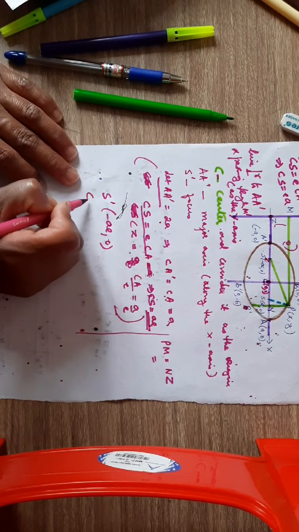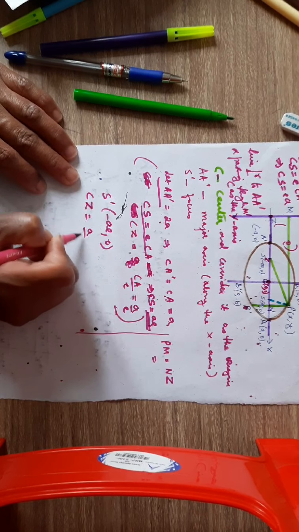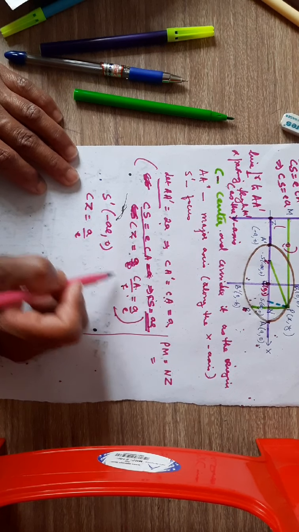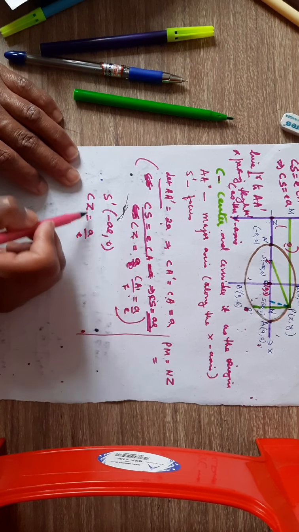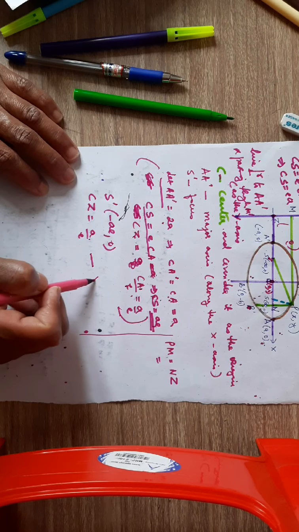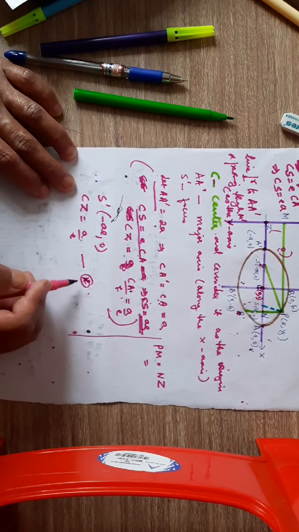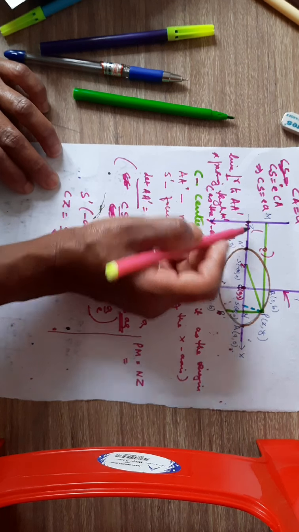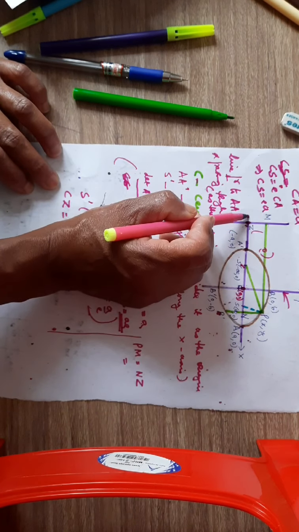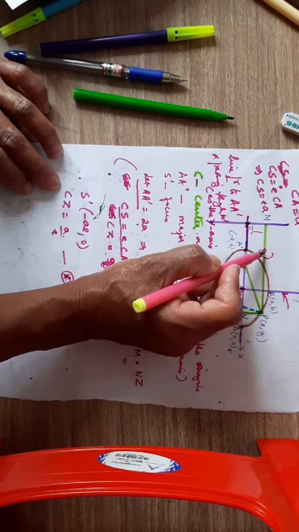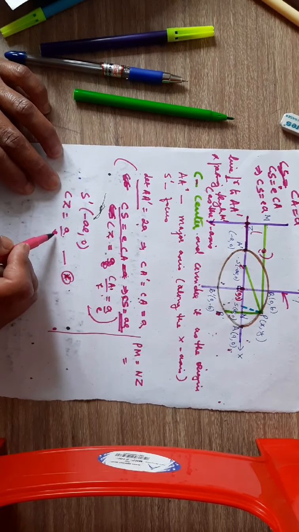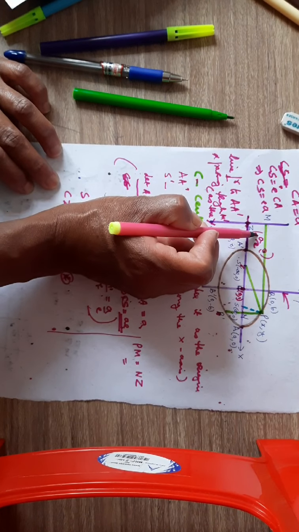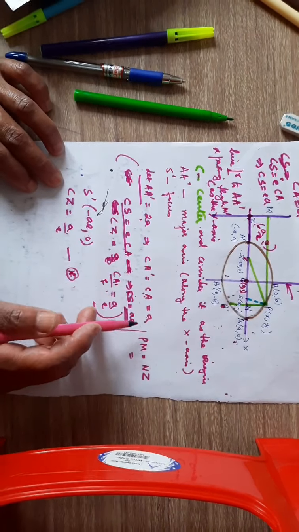And then we have CZ is equal to A by E. From the relation CZ is equal to CA by E, we replace the value of CA by A, so we get CZ is equal to A by E. Name it as equation star. So what will be the coordinate of Z now? Z is a point on the directrix, so since it lies on the x-axis, the y coordinate will be 0 and the x coordinate will be A by E, but it is minus again here, since it lies on the left side of the y-axis.